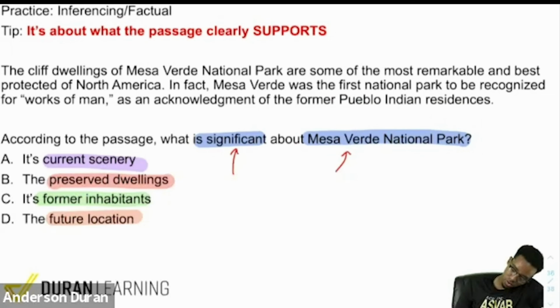So what is significant? Can we find any words in this passage that are similar to significant? Do you guys see any of those words in there? Remarkable. Anything else? The first, best, remarkable. I'm also looking maybe for another word.